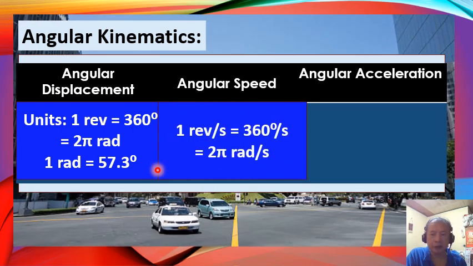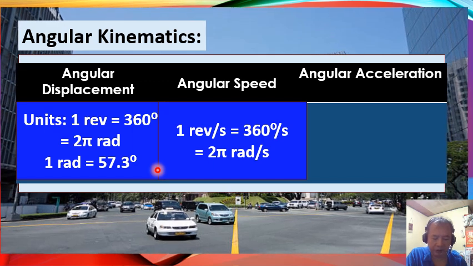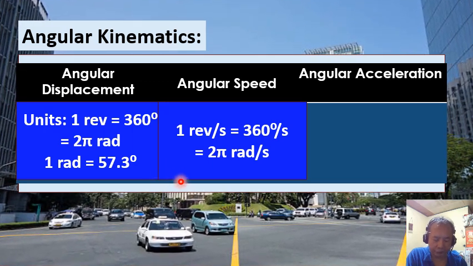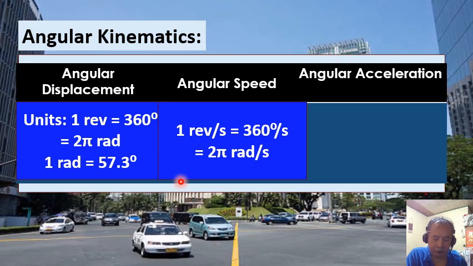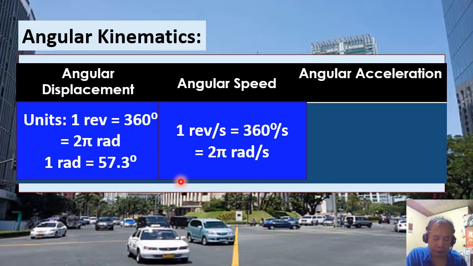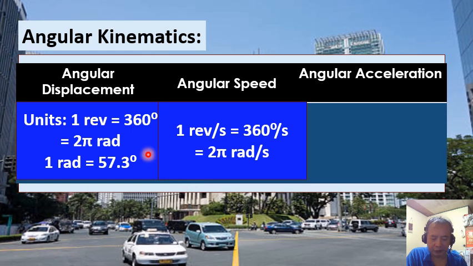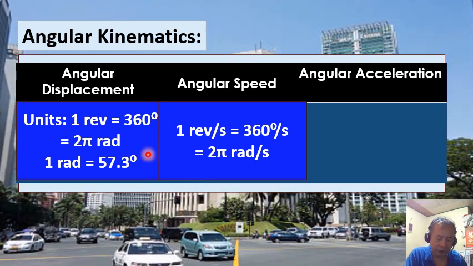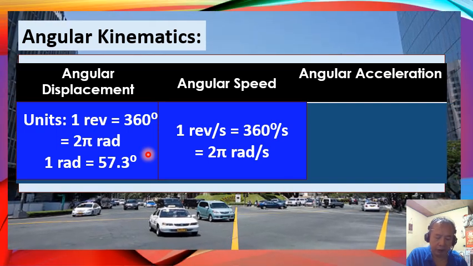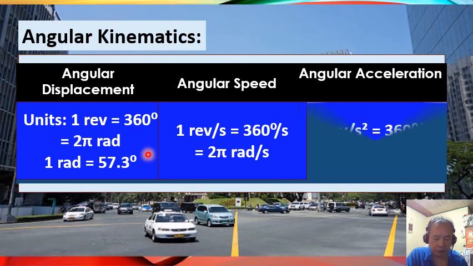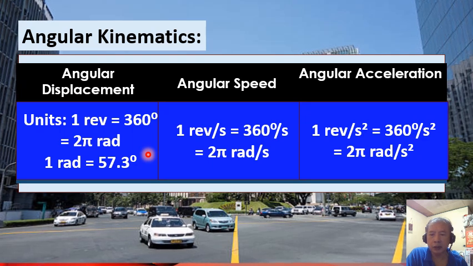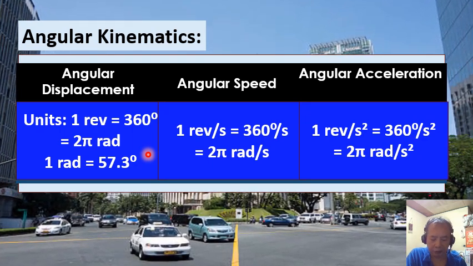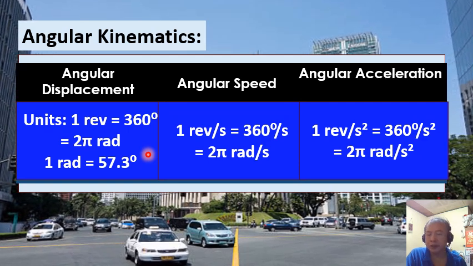Angular speed or velocity may be expressed in revolutions per second or revolutions per minute, degrees per second, or radian per second. And angular acceleration may be measured in revolution per second squared, degrees per second squared, or radian per second squared.